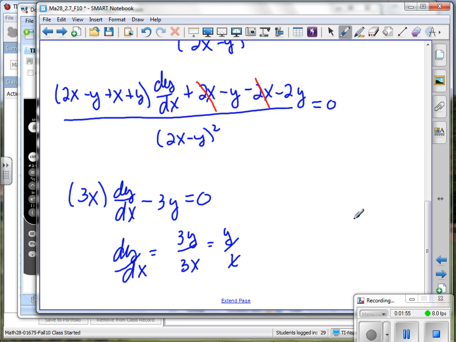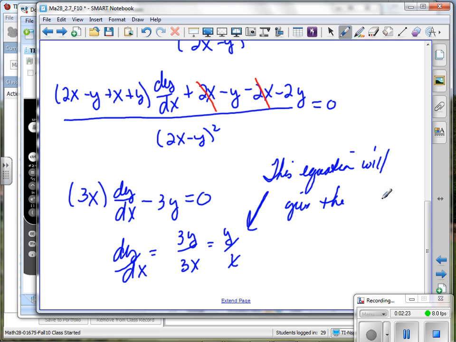Now, this is a derivative, just like it always has been. What does that tell us? I'm a little leery of calling them functions always. Let's just say equation. This equation will give the slope.